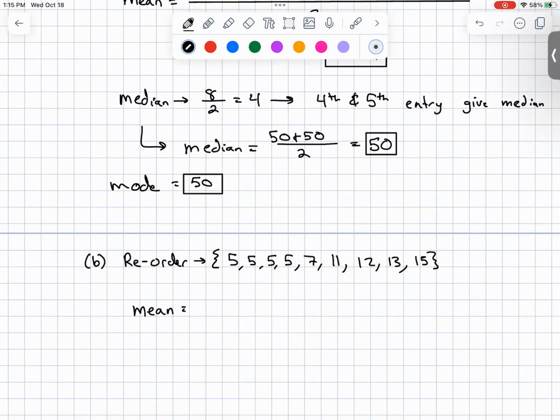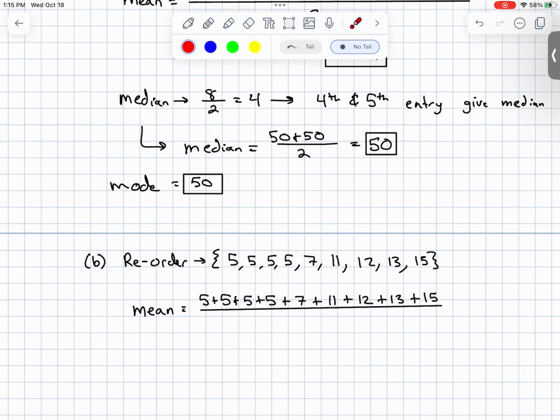Mean is just adding up and averaging, so we'll add those up. So 5 plus 5 plus 5 plus 5 plus 7 plus 11 plus 12 plus 13 plus 15, all divided by how many numbers? There are 1, 2, 3, 4, 5, 6, 7, 8, 9. There are 9 entries. So we're going to divide by 9.